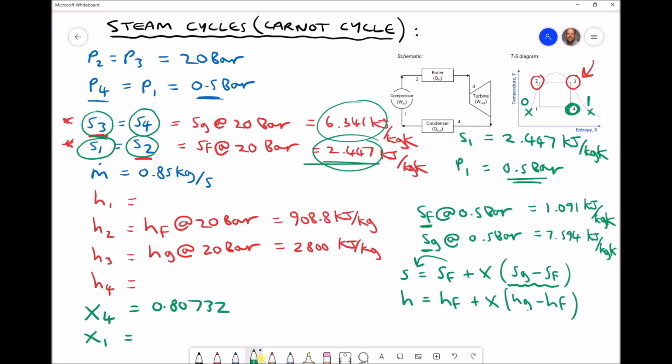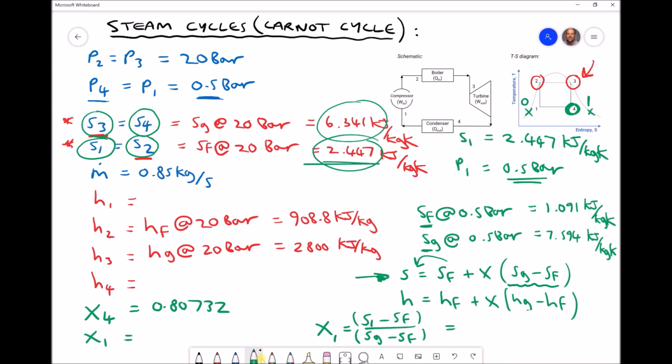So we're picking up with our calculation of X. Recall we rearranged this formula to make X the subject, and we said that X equals (S minus SF) over (SG minus SF). The difference this time is we're using the entropy at position 1 because we want the dryness fraction at position 1.